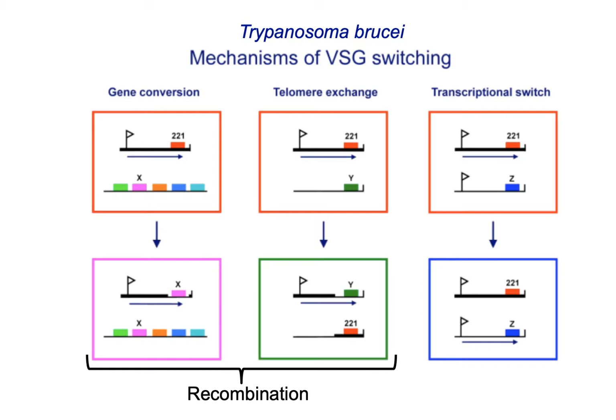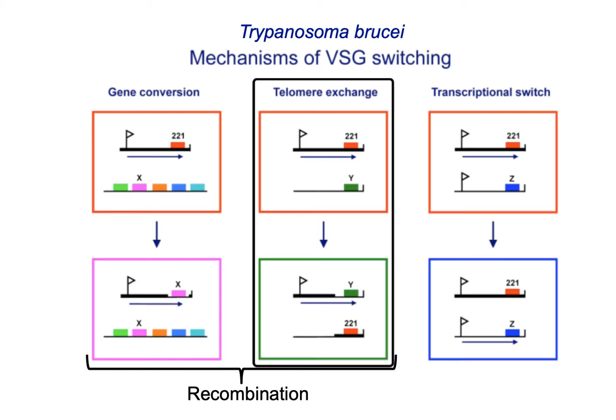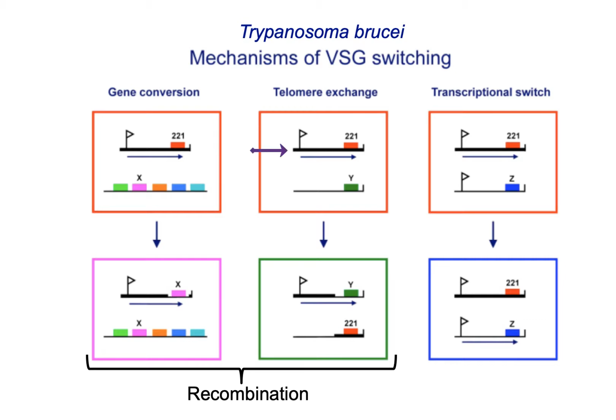to change that surface protein. In another mechanism, it has two regions on those different chromosomes, and one part is expressed and the other part is not expressed, and it can exchange those pieces so that the unexpressed version can be moved to the location where it is then expressed and creates a new type of surface protein.